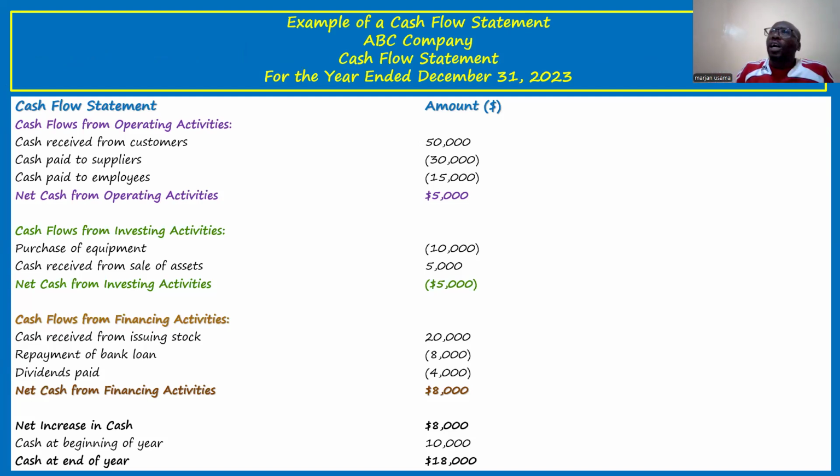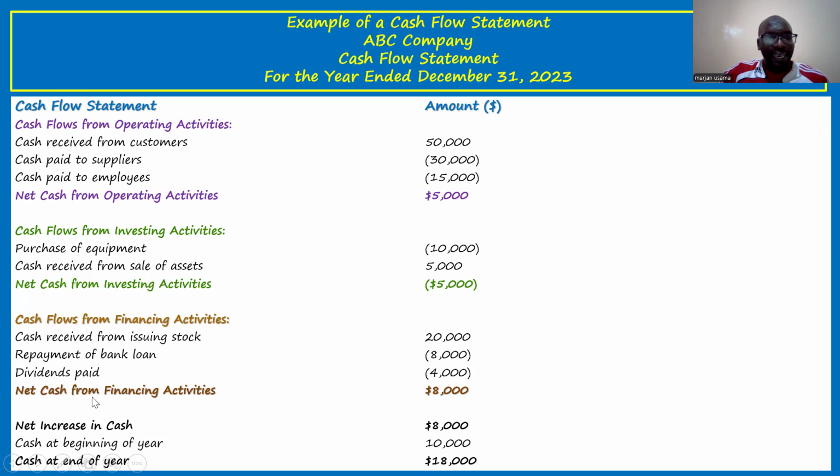As I was telling you, in your cash flow statement, there are three activities. You can see in purple, the cash flow from operating activities. In green, we have cash flows from investing activities. Then lastly, we have cash flows from financing activities.